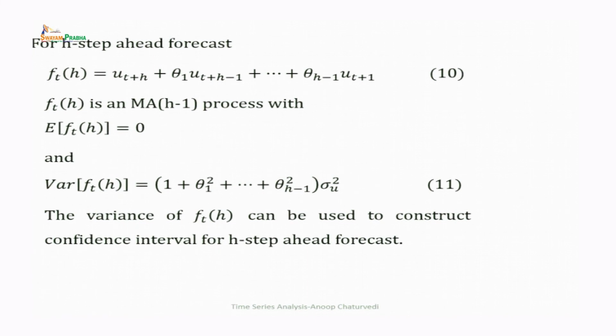So, again the error of h step ahead forecast also has expectation 0, and this variance of f_t(h) can be used to construct confidence interval for h step ahead forecast, because for constructing the confidence interval you also require the variance of the h step ahead forecast. So, using it you can construct the confidence interval also.